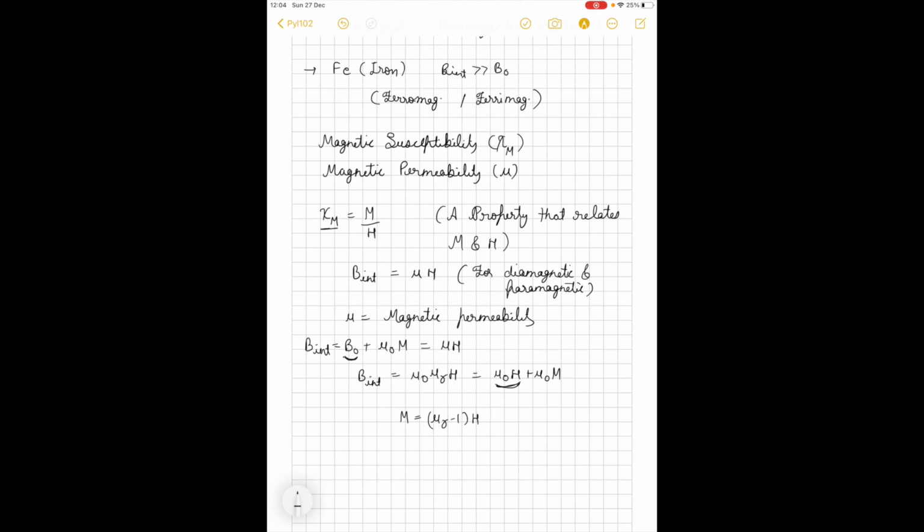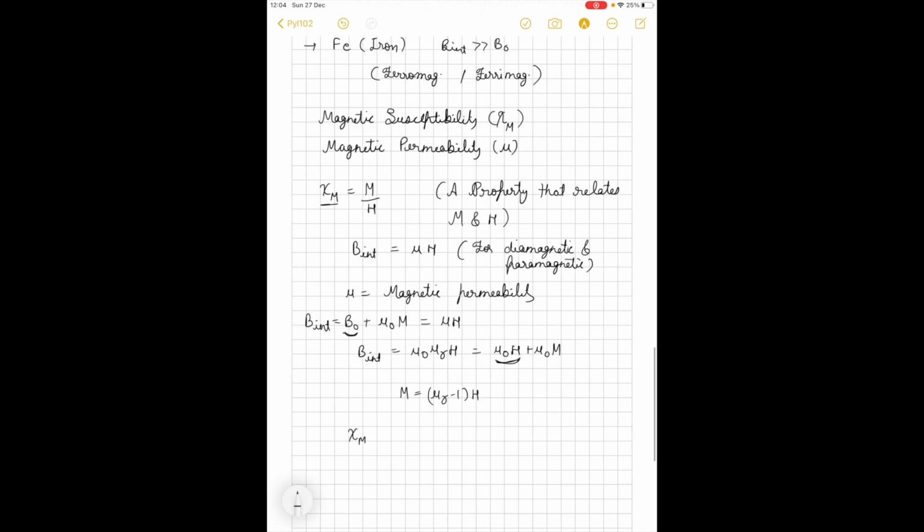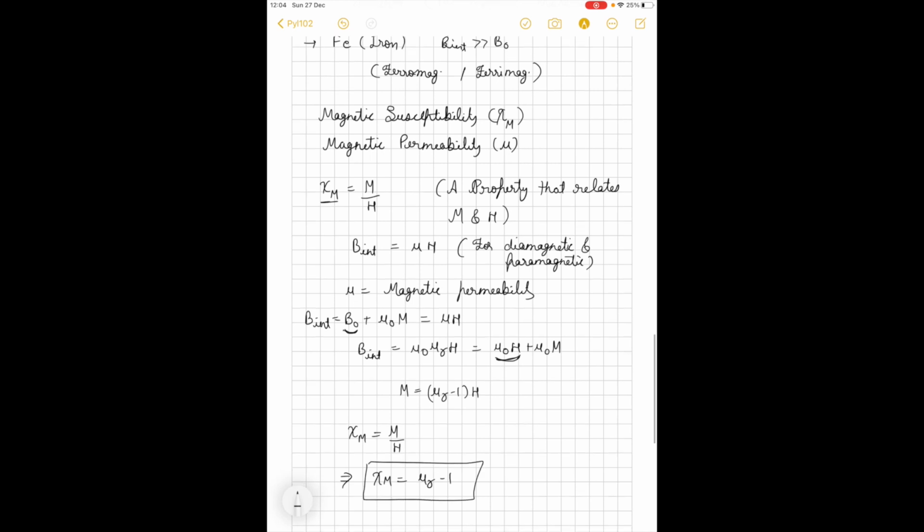So magnetization in terms of mu R. This relation relates the relative permeability and the cause and the effect. But we had chi m is equal to M divided by H. So this implies that chi m will be mu R minus 1. So this is the final expression that I was looking for.